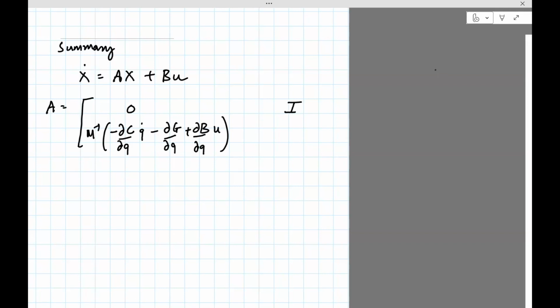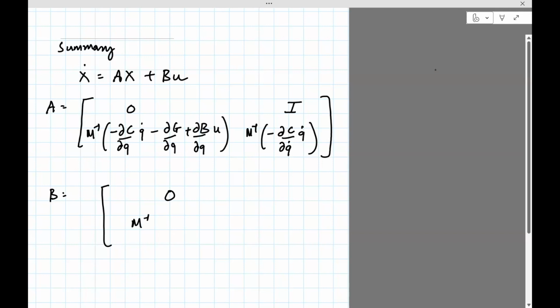Here there was an identity, and then this was m inverse minus dc dq dot q dot. And then B is simply 0 and m inverse b.